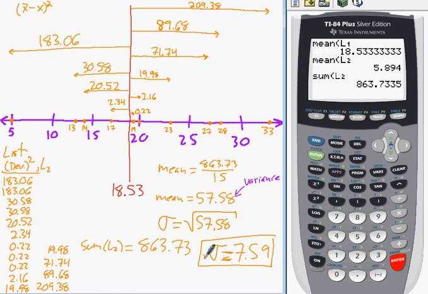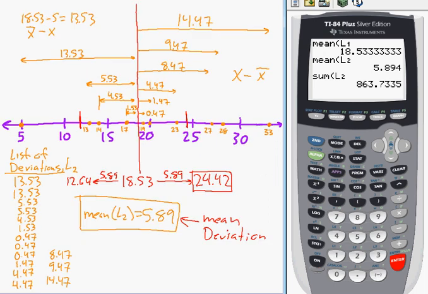And that's the standard deviation. Now you'll notice that 7.59 is different than our mean deviation of 5.89.